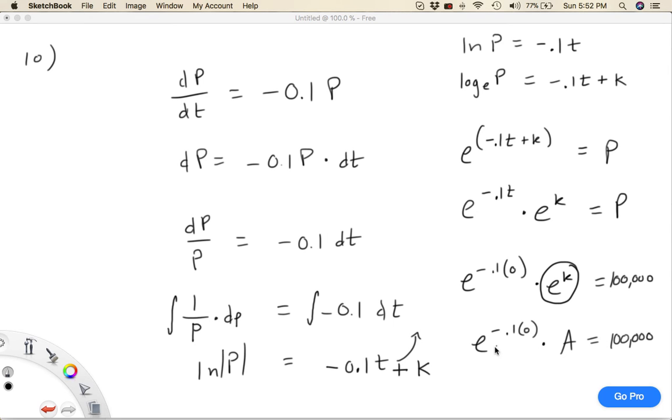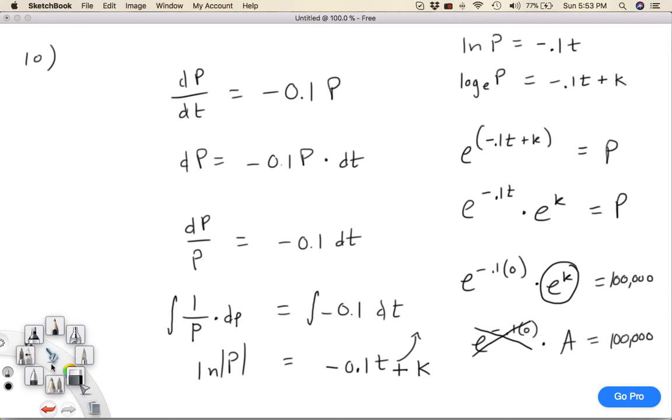Now e to the power of 0 is actually 1. So we find out that our initial value is just 100,000, which makes sense in an exponential decay problem like this. So I'm going to erase the left column here.